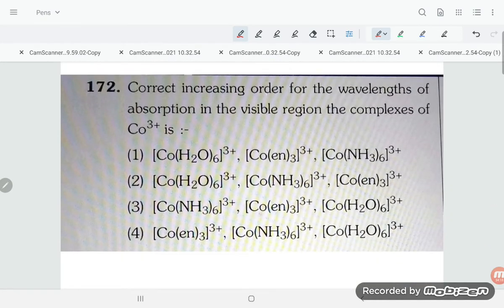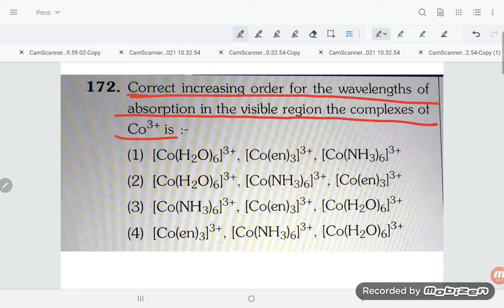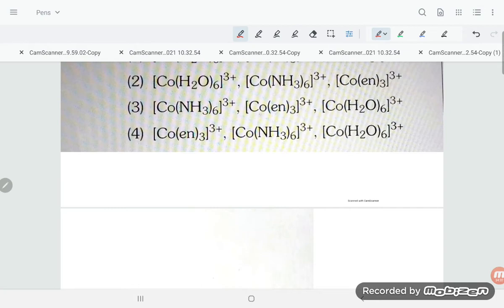Next, correct increasing order for the wavelength of the absorption in the visible region to the complex of the Co3 plus. Dear students, what we can do for the visible region?